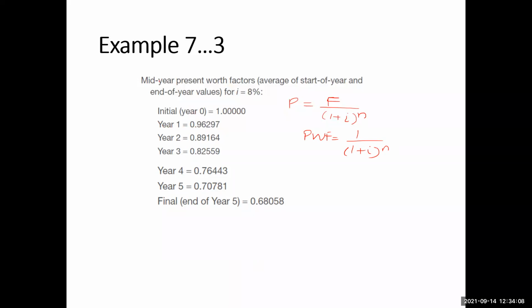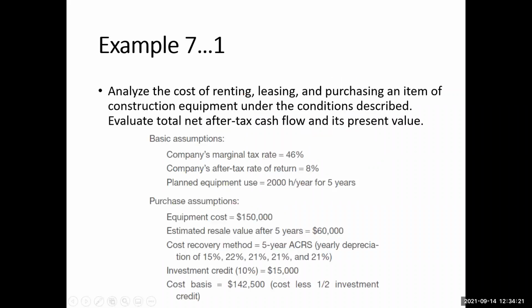But since they said they are using the mid-year present worth factor, for year one this value will be 1 divided by the interest rate, which is 8%. Remember that this interest rate is the same as the after-tax rate of return. That means we want to evaluate our investment opportunities at 8%.